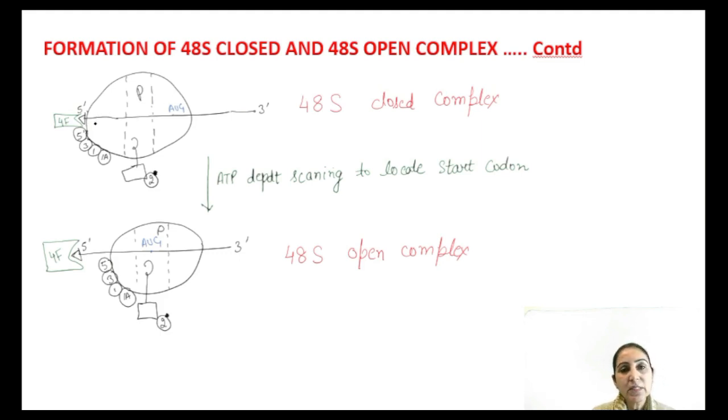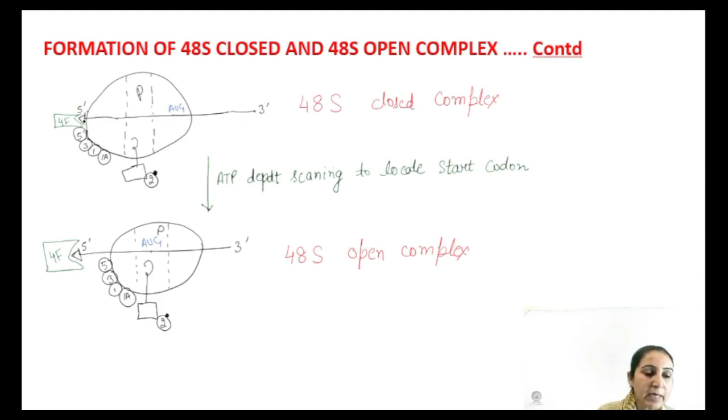We have seen in the previous slide also that the 4G subunit of 4F guides this mRNA to the 40S subunit. For the sake of simplicity, we have shown it as a straight line.